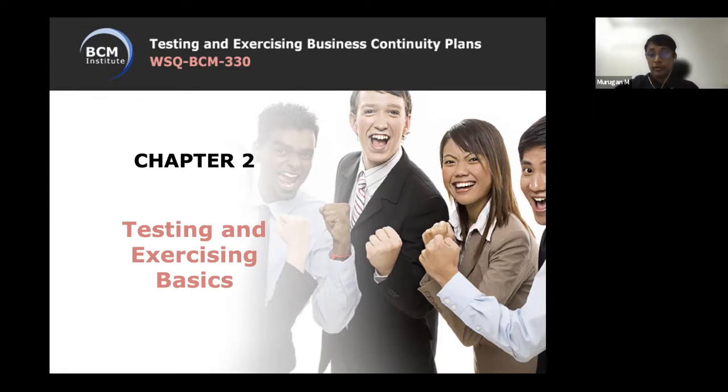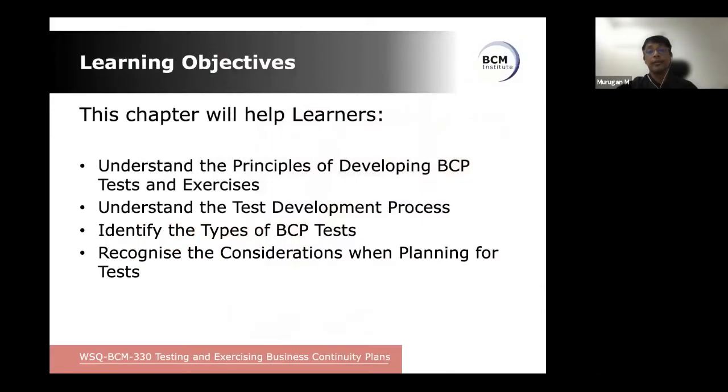Chapter 2 is basically going to talk about testing and exercising basics. Right. First, understand the principle of developing BCP testing and exercising. This is very key because if you are required to do minimum one training, assuming that is what your policy is saying, okay, guys, you have to do at minimum one BCP test or BCP exercise a year, that is a different story.